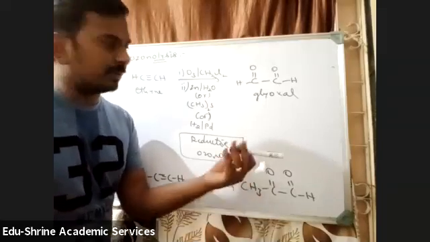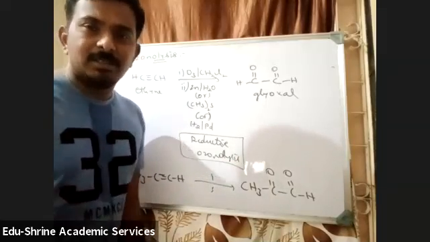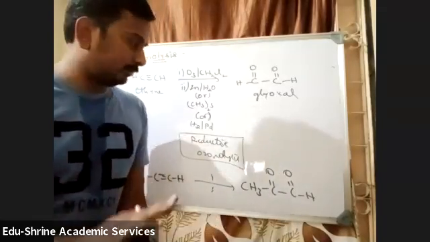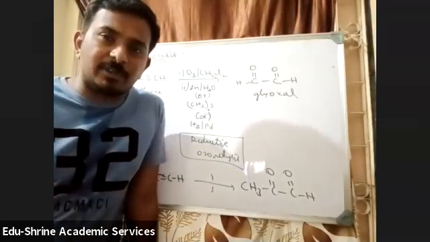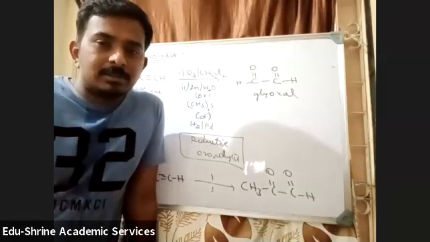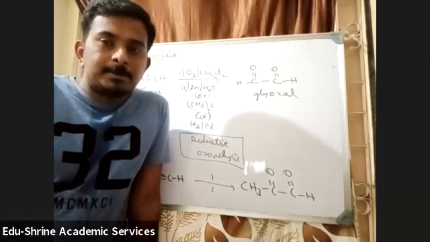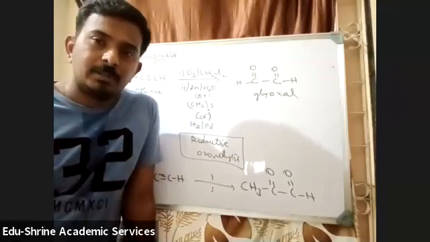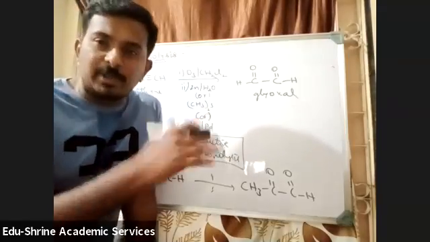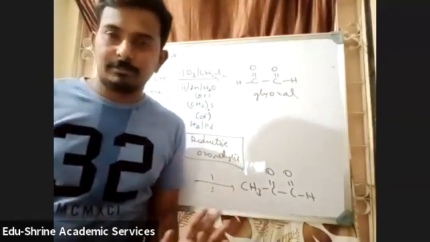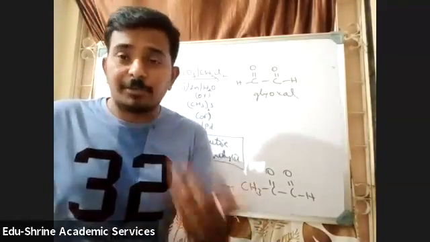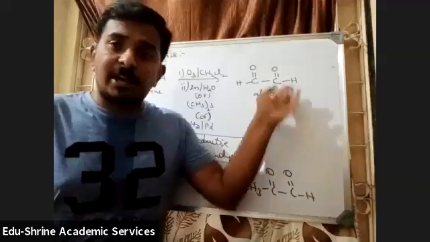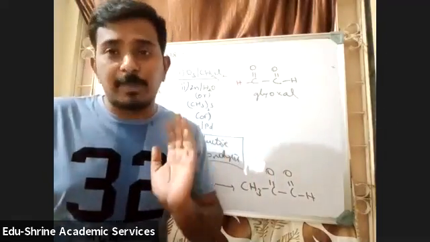Even though I have not seen the reaction, if it was given, I must have seen it somewhere, that's why I must have given it. Maybe aldehydes may be undergoing, but not ketones, definitely. If you find anywhere that this is undergoing further oxidation, then it may undergo.